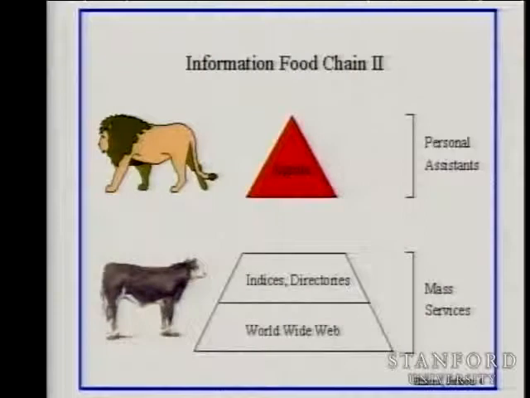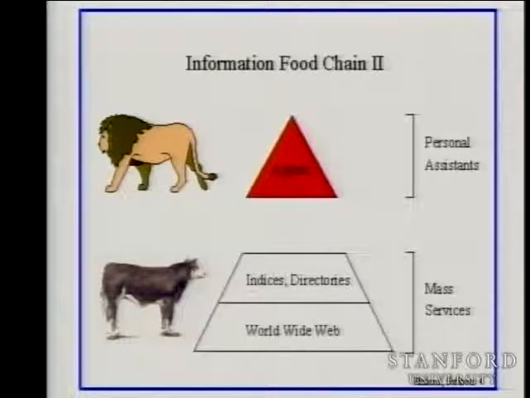So this is an old slide now from Oren Etzioni, who's a CS professor at the University of Washington, who's done a lot of much more recent work on the KnowItAll project, which is a very interesting project for information acquisition from the web. But this was a slide, I think dating back to the very late 90s, where he wanted to suggest that things like search engines are the information herbivores.